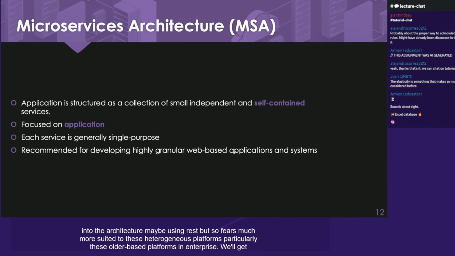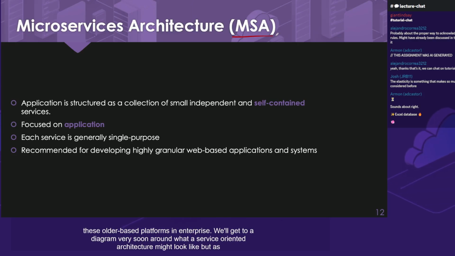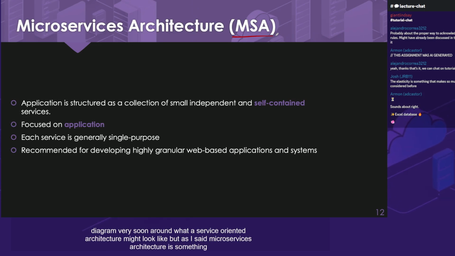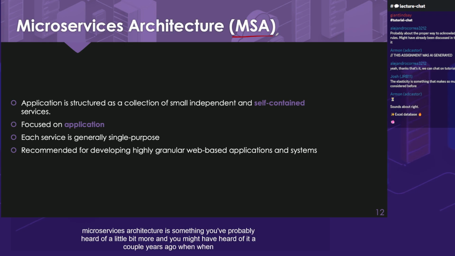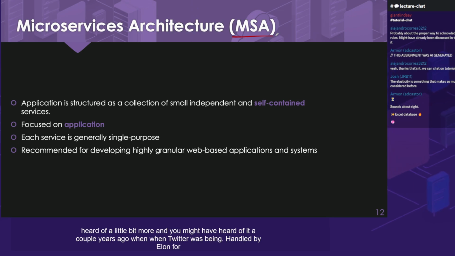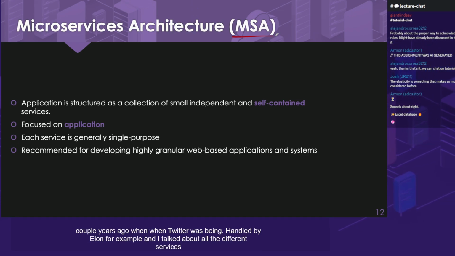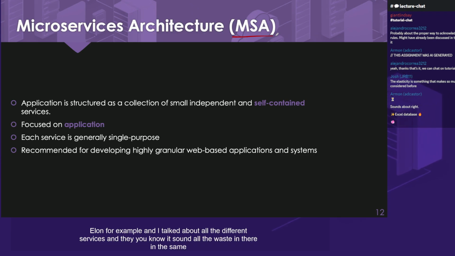We'll get to a diagram very soon around what a service-oriented architecture might look like. But as I said, microservices architecture is something you've probably heard of a little bit more. And you might have heard of it a couple of years ago when Twitter was being handled by Elon, for example, and they talked about all the different services, and he found all the waste in there in the same way that Doge supposedly did.